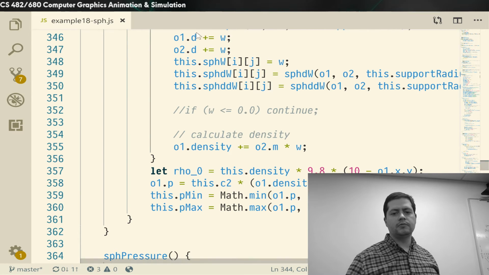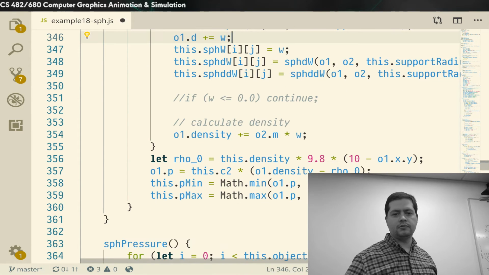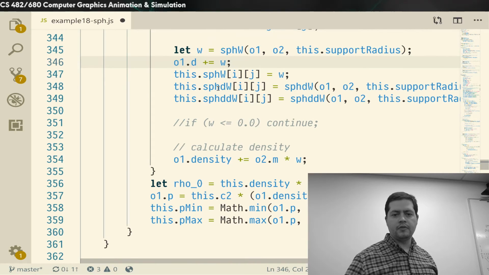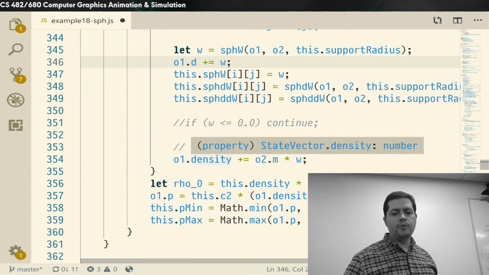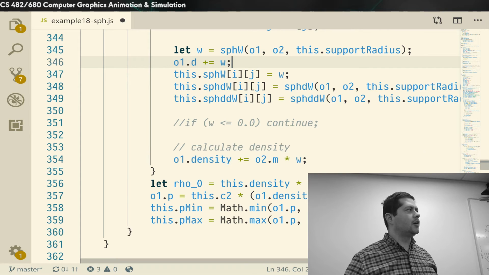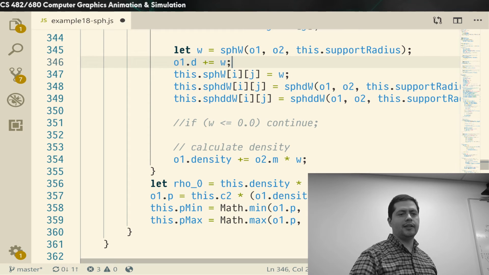I could delete it. Would it be okay though to say below O1.density, O2.density plus equals O1.mass times weight? Is that not the same thing? You could do that, but I think just to avoid... Sure. We'll optimize that later. Makes sense.